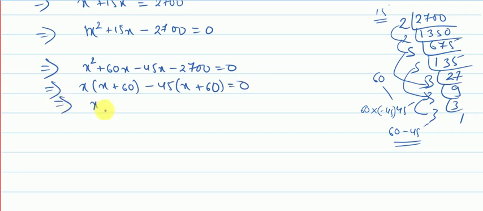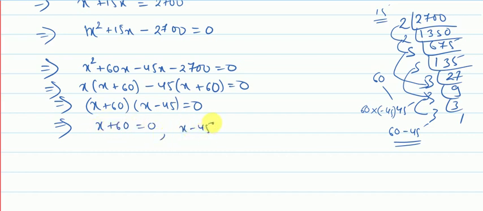So you get x plus 60 and x minus 45 is equal to 0. Now x plus 60 is equal to 0, or x minus 45 is equal to 0. Okay, so we get x equal to minus 60, x is equal to 45.